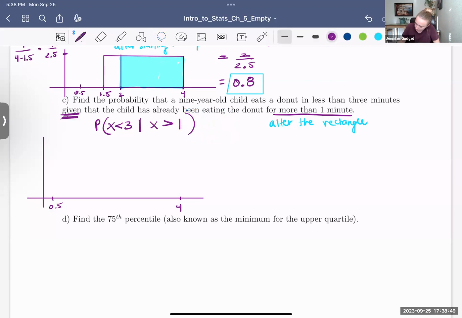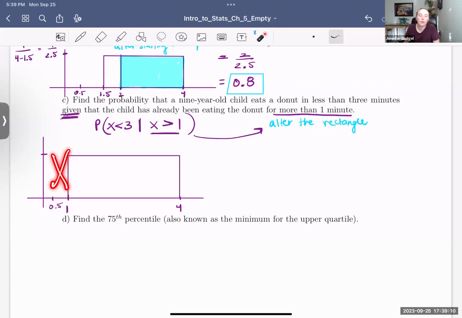This is the given piece that's going to alter my rectangle: more than 1 minute. So I am cutting off here at 1. I know that this part over here does not matter. It's impossible that they finished in 30 seconds, 45 seconds, 50 seconds. We had to know that they were more than a minute.